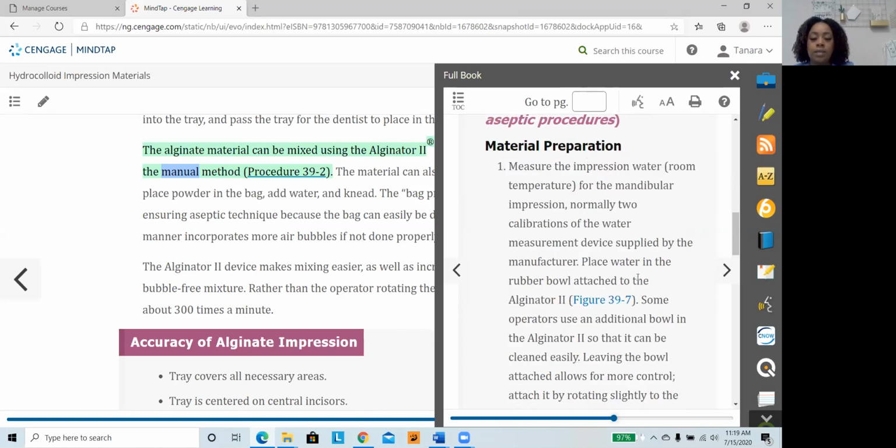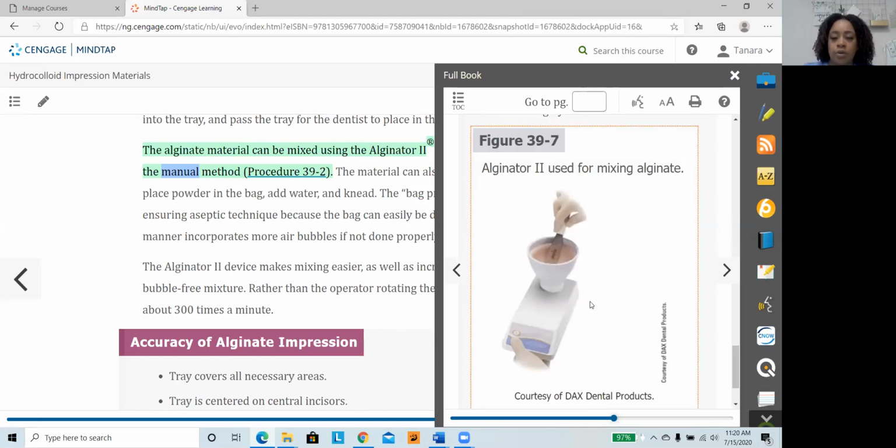So here it's telling us to look at figure 39.7, and 39.7 is actually on page 925. I'm going to go ahead and click it here so you can see exactly what I'm talking about.